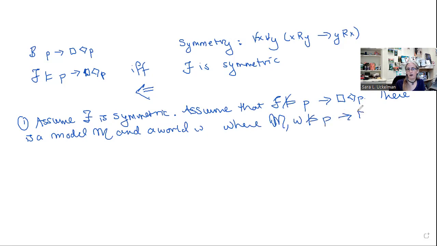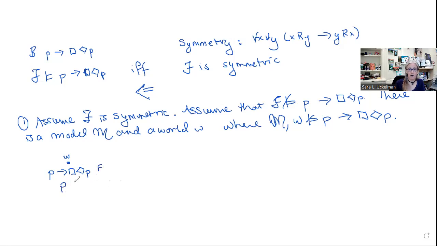So P does not imply necessarily possibly P. So let's, instead of writing out all of the definitions, begin to build the model. So we have this world. Let's call it W, and at this world, by assumption, P implies necessarily possibly P is false.